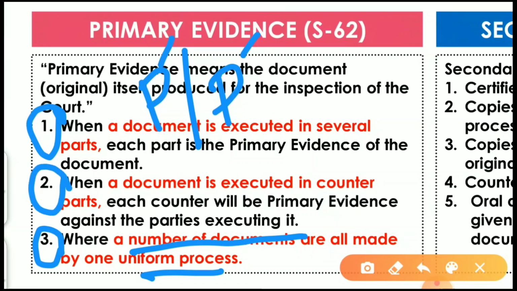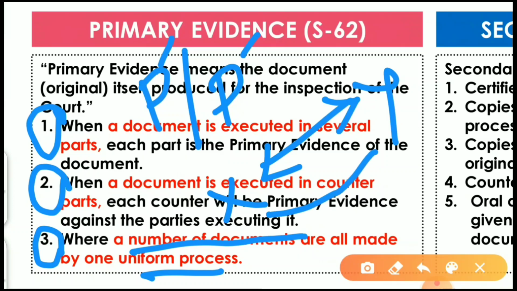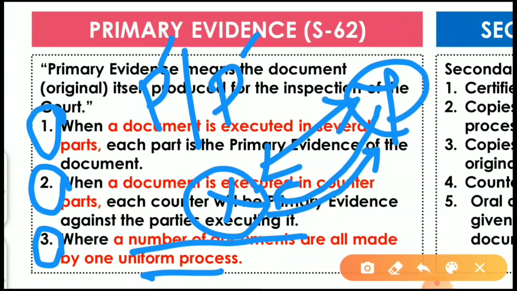According to the second kind, two persons enter into an agreement, then X signs one copy and Y signs another copy, then they exchange with each other. Here, these are the counterparts.